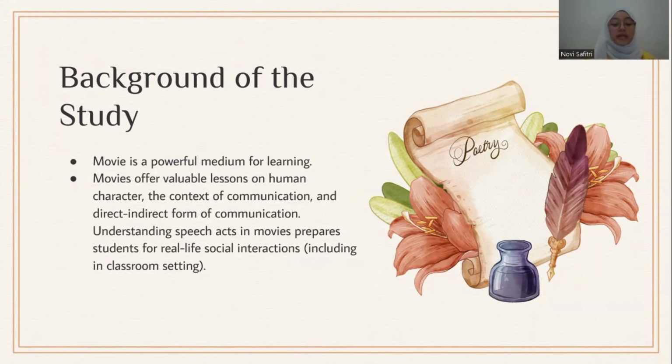From movies, students can learn that communication that occurs in society is not always in a direct form, but can also be in indirect form. And students can also learn about the real meaning of utterance, and this can be studied through analyzing speech act in movies.